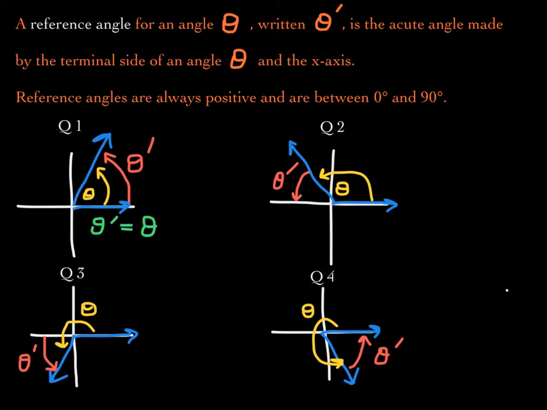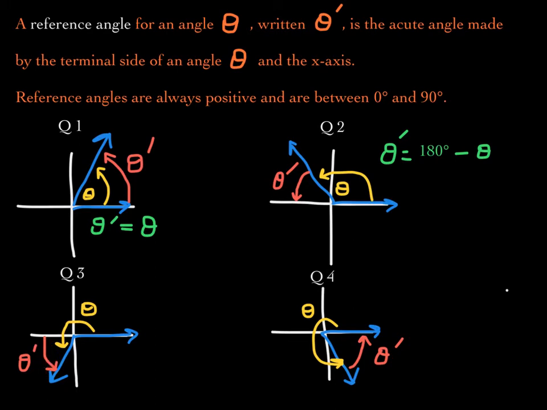In quadrant 2, you can find the measure of theta prime by subtracting theta from 180 degrees. In quadrant 3, you subtract 180 degrees from theta, the other way around, and you'll be left with just this amount.